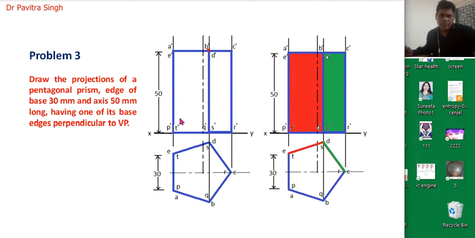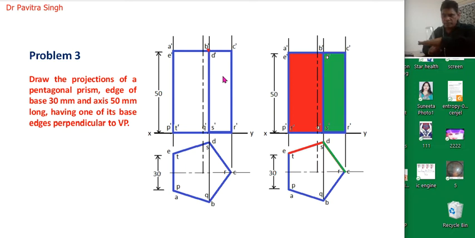As per the given condition, it is resting on the horizontal plane. So its axis will be perpendicular to the horizontal plane, and this solid will be parallel to the vertical plane. So actually this pentagonal prism is kept on the horizontal plane like this.